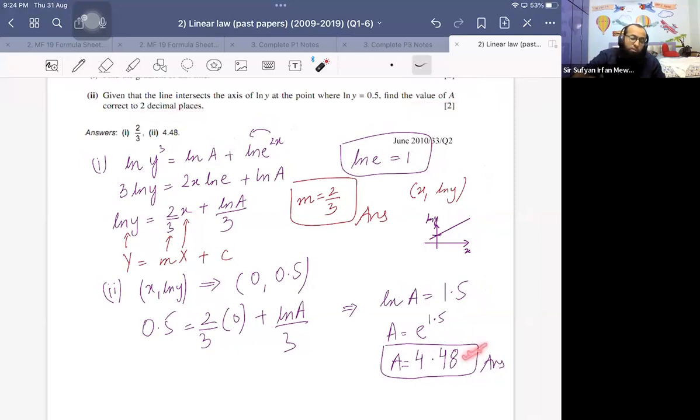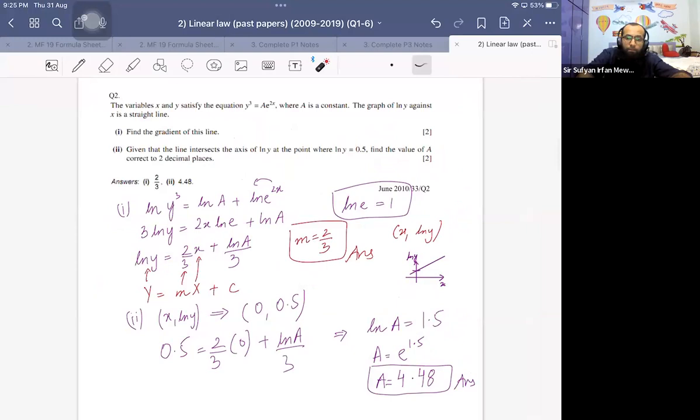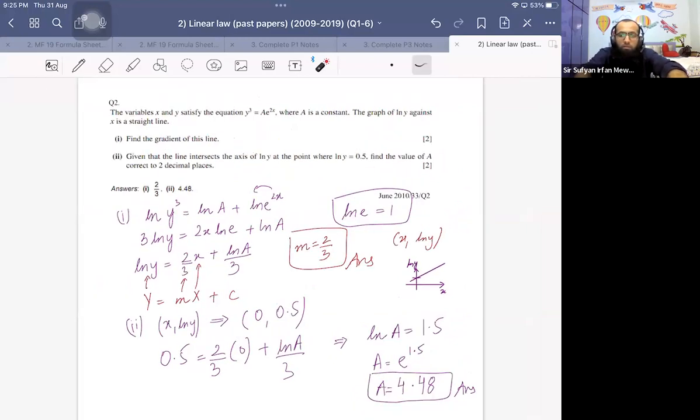I hope I've communicated this question. Note it down, and also acknowledge if you are clear with it. Everyone's acknowledgement is required.